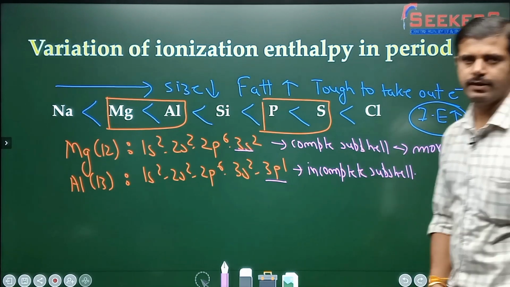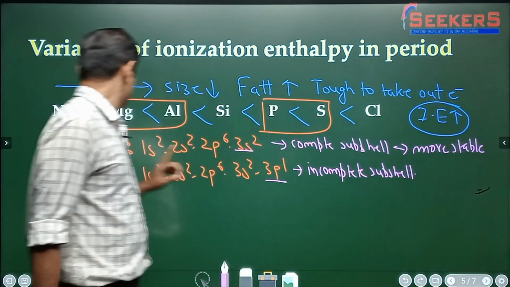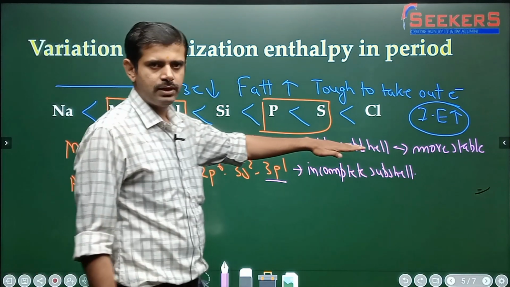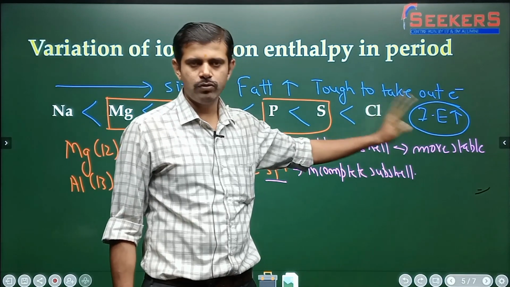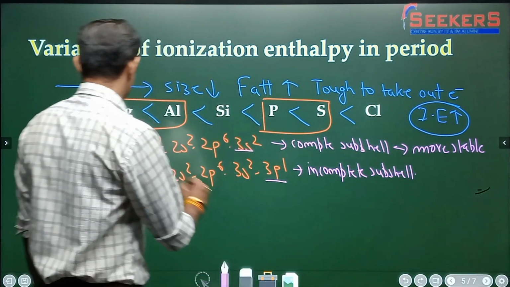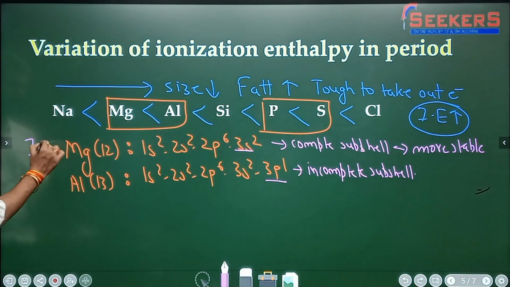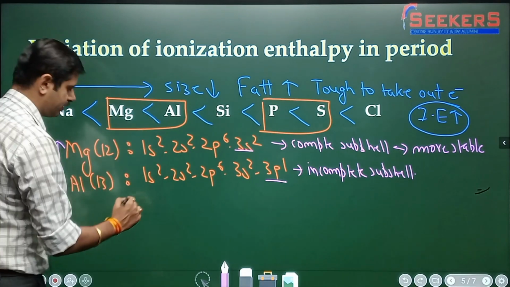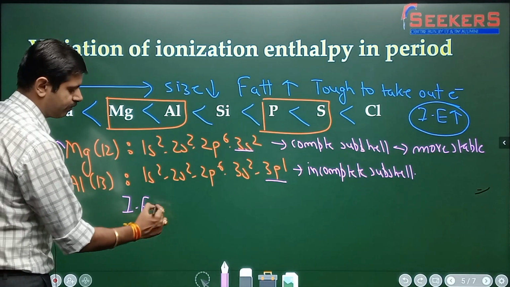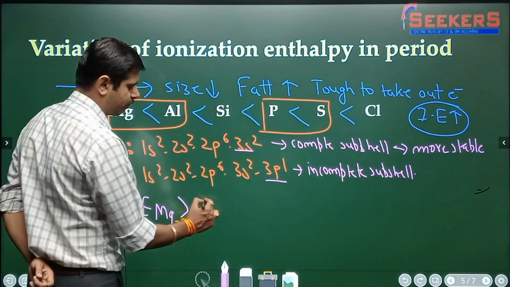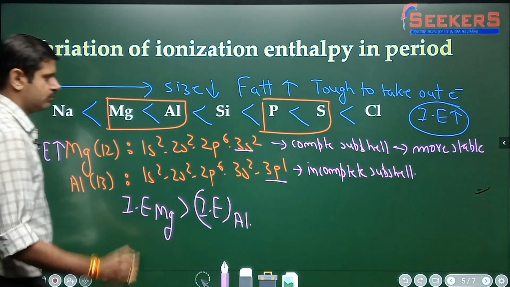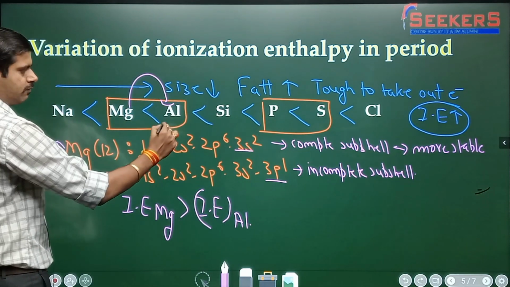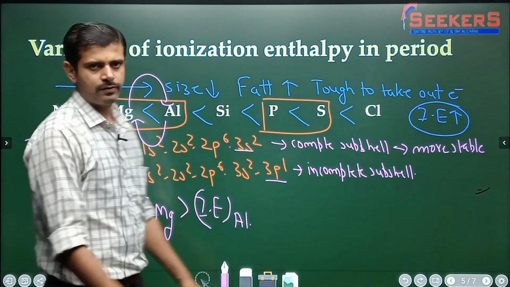Because of more stability, the ionization enthalpy will increase. Clear? So the ionization enthalpy of magnesium will be greater than that of aluminium. So aluminium will come in place of magnesium.